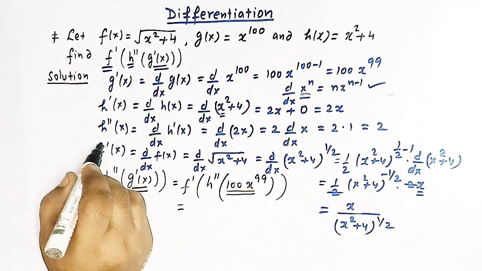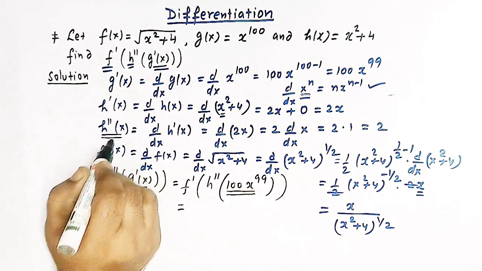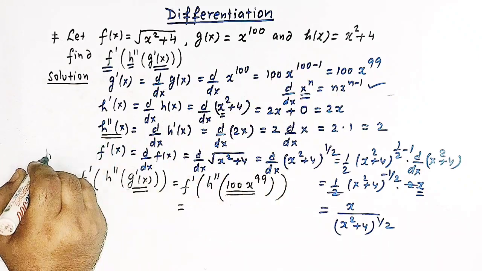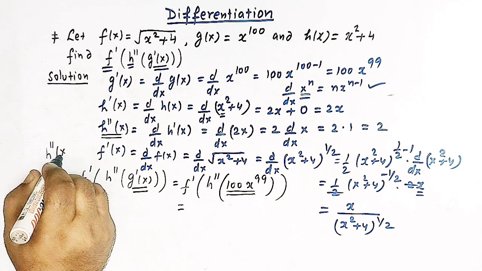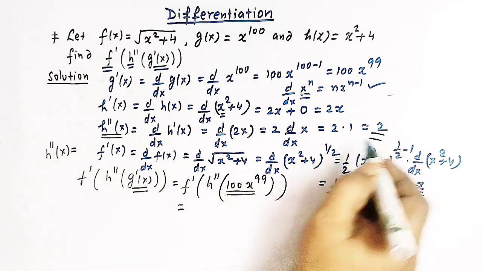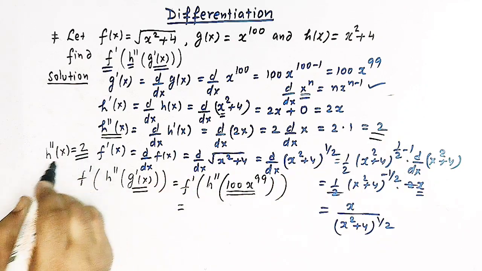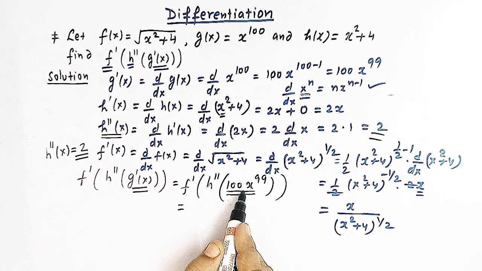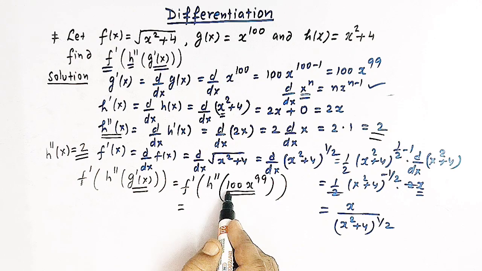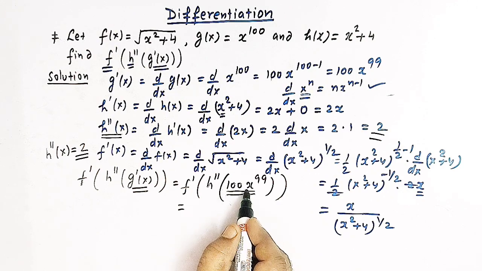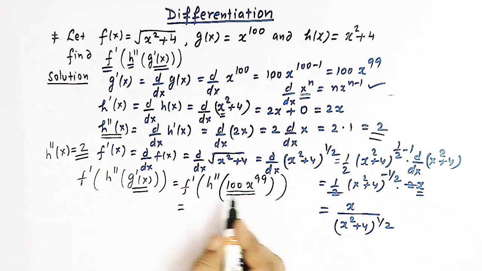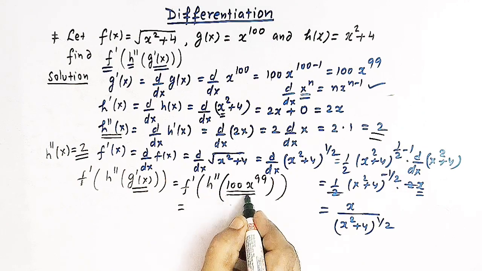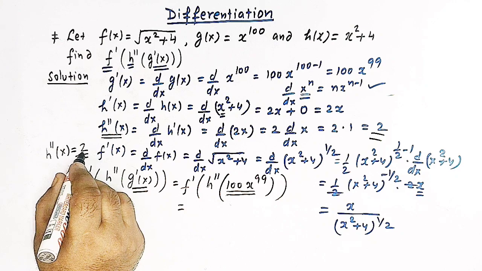From the second derivative of h of x, we see that h double prime of x is equal to 2, and this is a constant function. When we take any input, say 100 times x raised to 99, then h double prime of this expression is equal to 2, right?